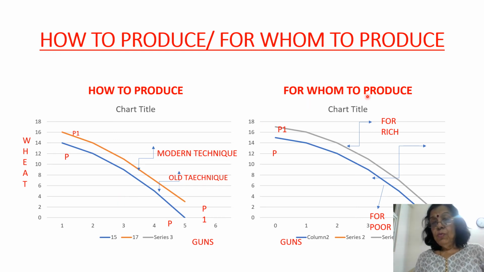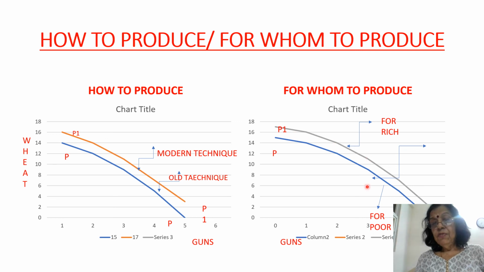And now for whom to produce. If we suppose this is the PP original curve, the left one. If the country produces for rich people, then savings will be high, then investment will be high, production will be high, and so the resources would improve.